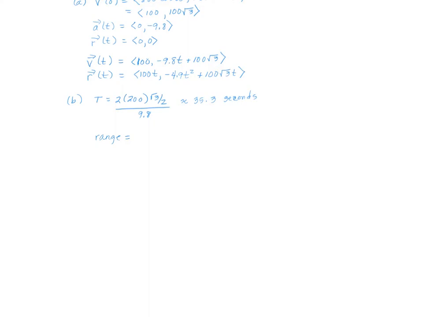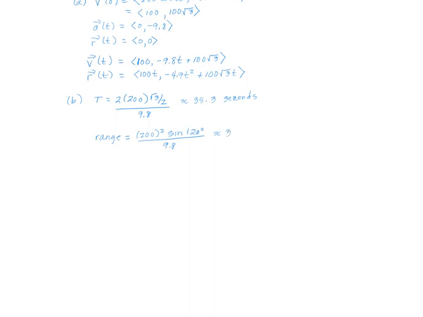So that's going to be 200 squared times sine of 2 times 60, so it's going to be sine of 120 degrees, divided by gravity, and again, just plugging this into a calculator, I get 3534.